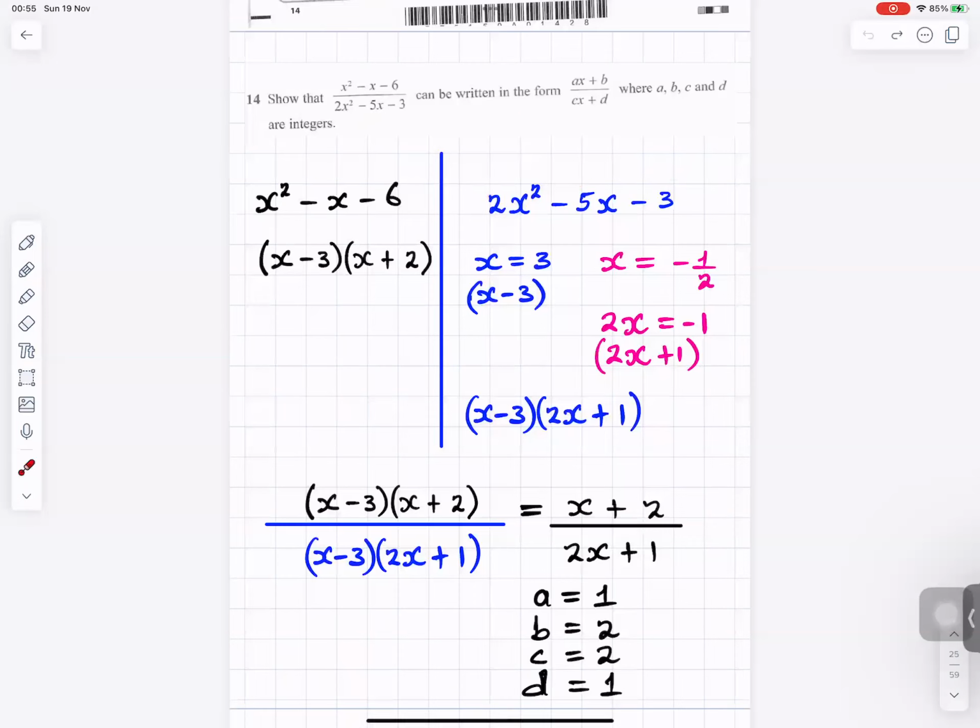You will get two answers, x equals 3 and x equals minus 1 over 2. So you take 3 to the left, it becomes x minus 3. Take 2x to the left, and then minus 1 becomes 2x plus 1. Now, you look at this, the x minus 3 will cancel, and you're left with x plus 2 over 2x plus 1. So that means your A is 1, B is 2, C is 2, and D is 1.